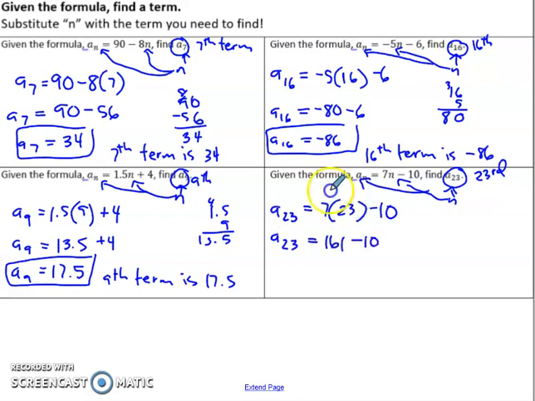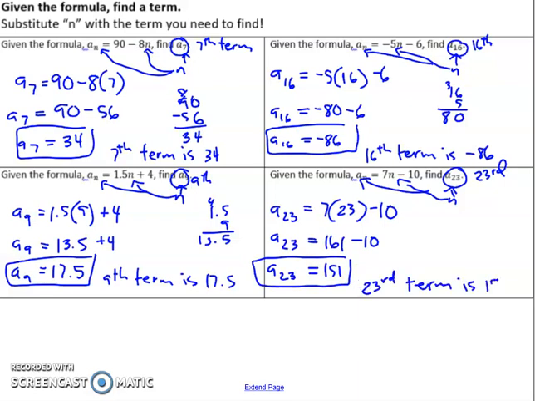Please multiply. 23 times 7 is 161. So the 23rd term is 151. We are super dope. So that's it. If it gives you the formula and it tells you the term, you're plugging that term number in wherever n is. You got this.